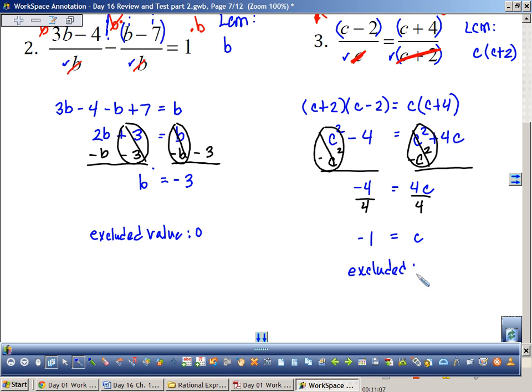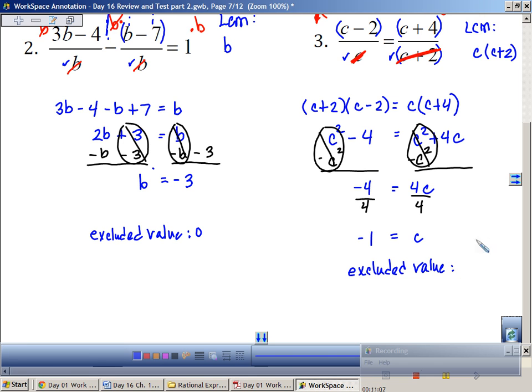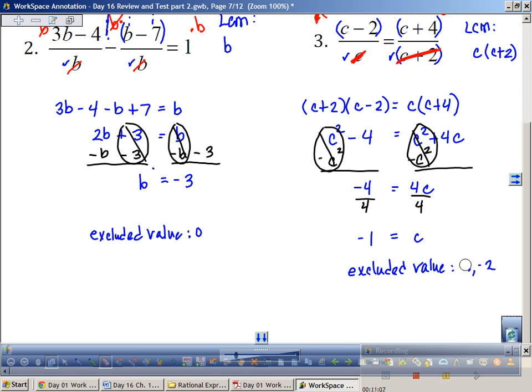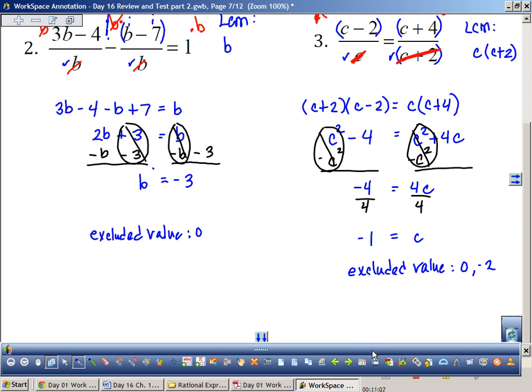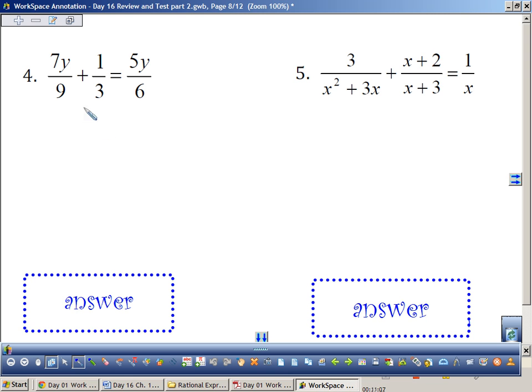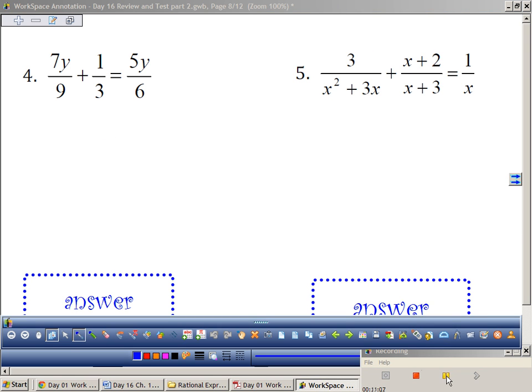Does that matter? Well, it does, but does it make a difference? I didn't get 0 or negative 2 for a solution, so I'm good. Moving on? Awesome. Why don't you guys try number 4?